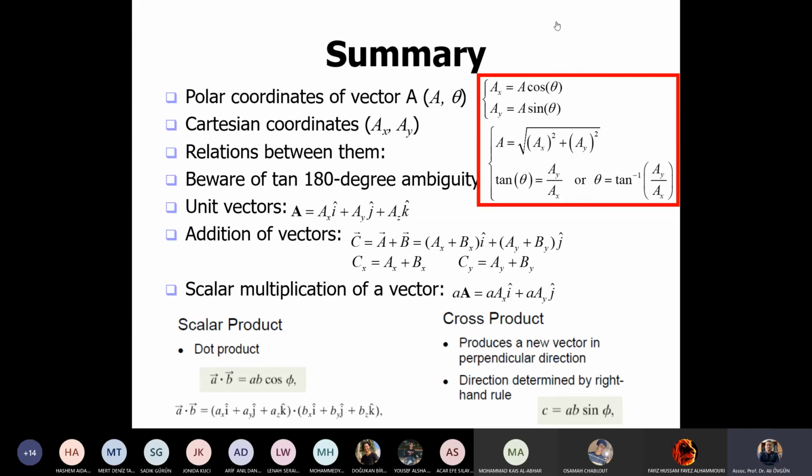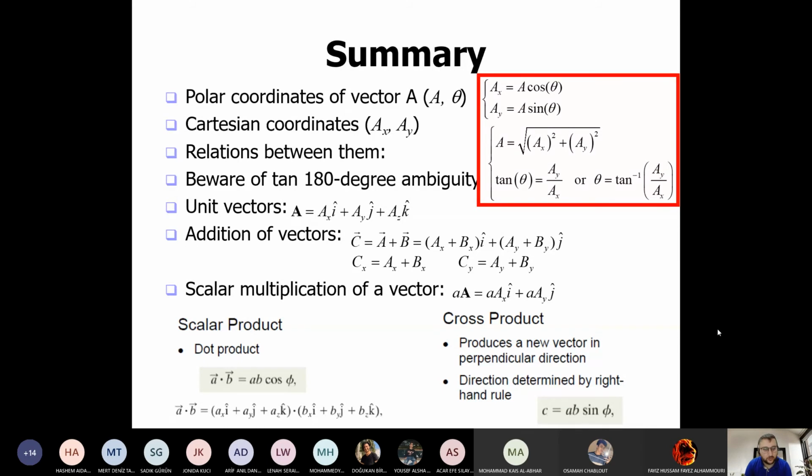We also see how to convert from polar to Cartesian or Cartesian to polar. And we study how to write a vector in unit vector notation, i hat, j hat, and k hat, and how to add two or three vectors.